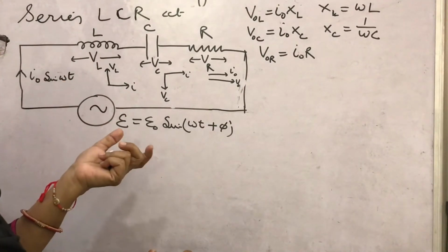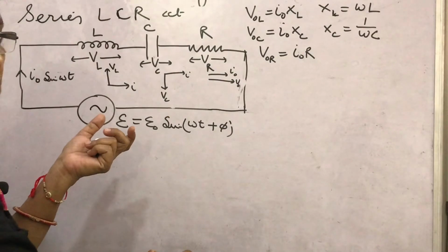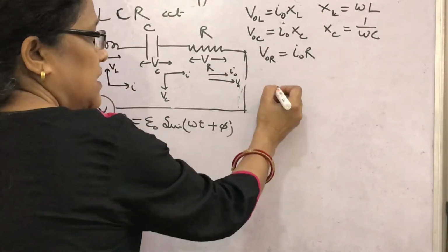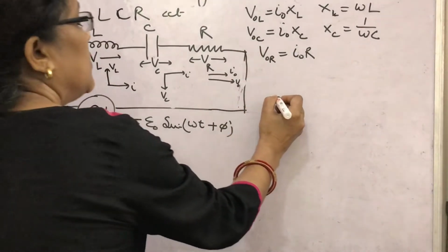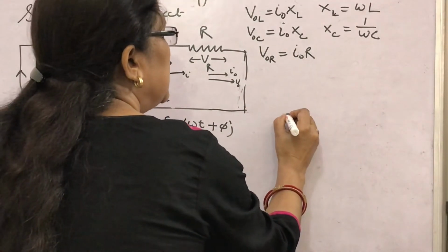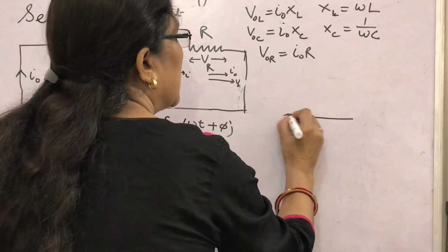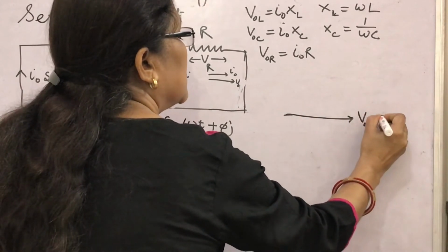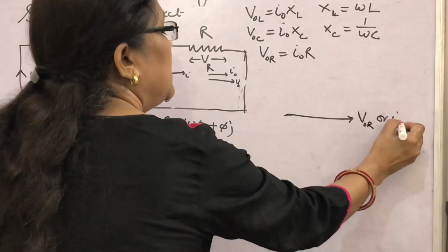How will we find it? Let's suppose we draw the phasor diagram. Suppose this is the direction of current, or the voltage across resistance R, or simply I naught.